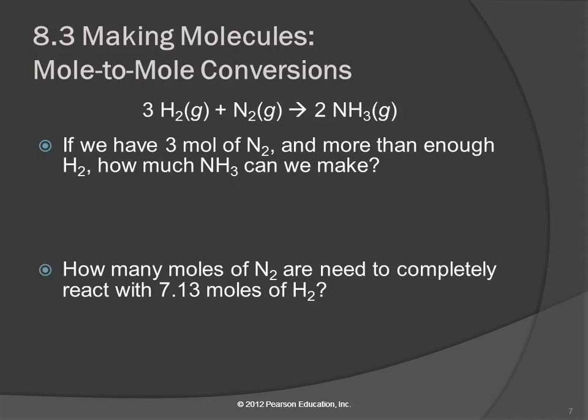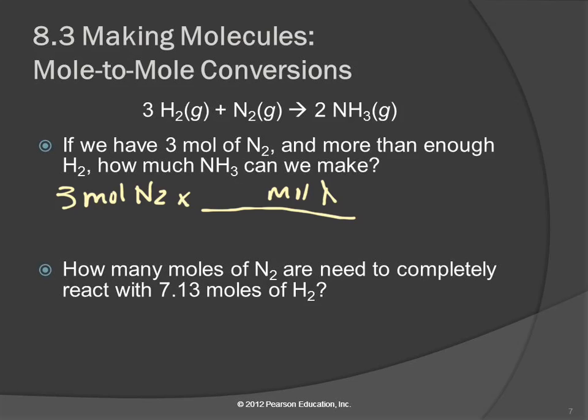So if we have 3 moles of nitrogen and plenty of hydrogen, how much ammonia can we make? This is just like the eggs and pancake question, except it's with weird things. So 3 moles of nitrogen, and we want to know how many moles of ammonia.